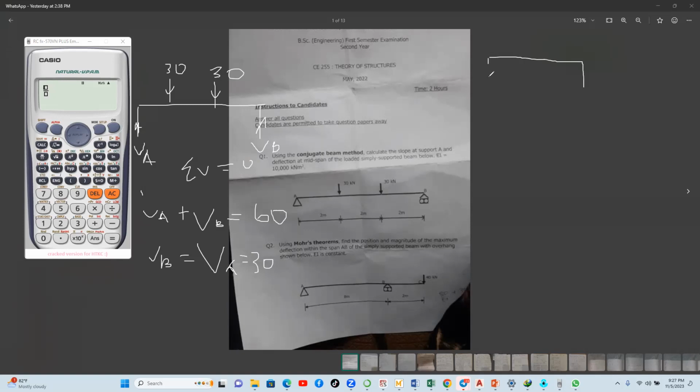Now I have this: 30 here, another 30 here. Here is 30, here is 30. So in determining your moment, that's the second step.